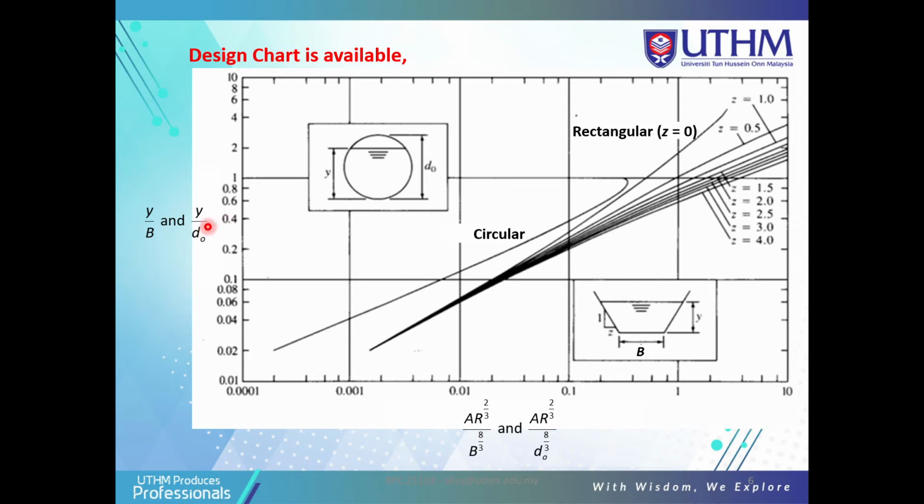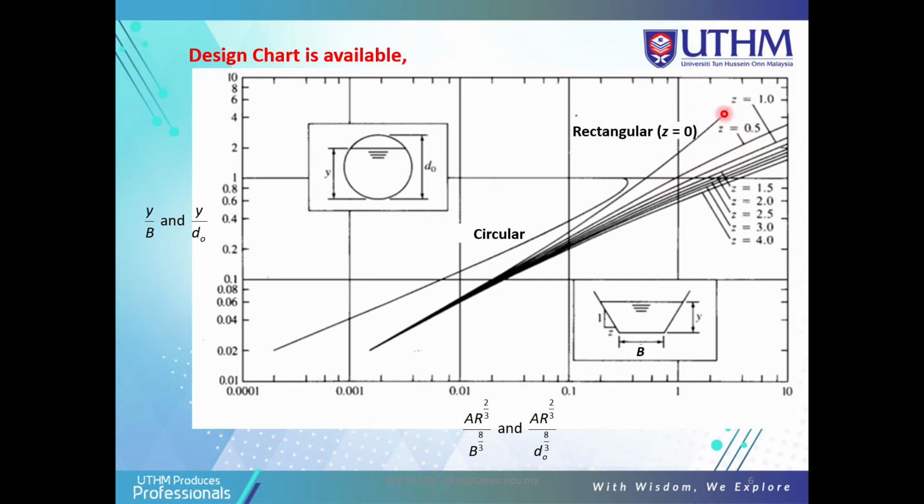Actually y over d is for the circle, this type of channel using the circle here. And AR over B, using the bottom width, is for the rectangular and also the trapezoidal, with Z of 1.5, 2, 2.5 and until 4. So you use which line here.